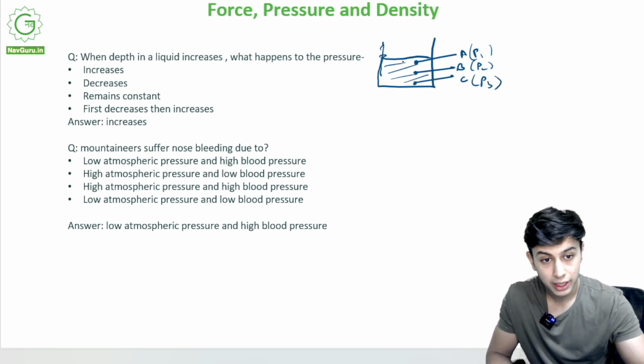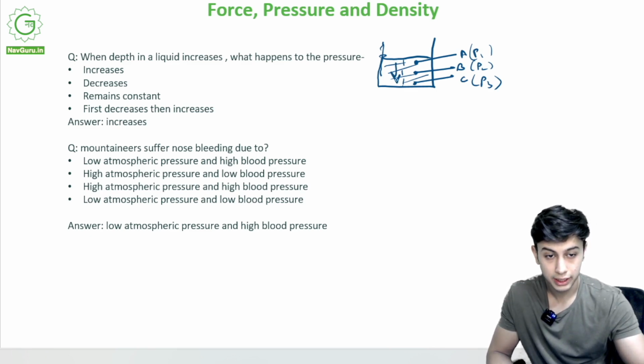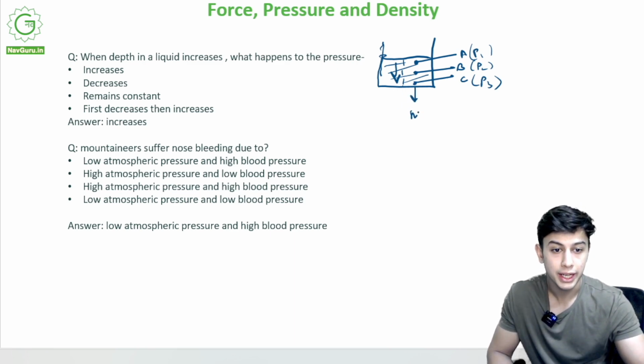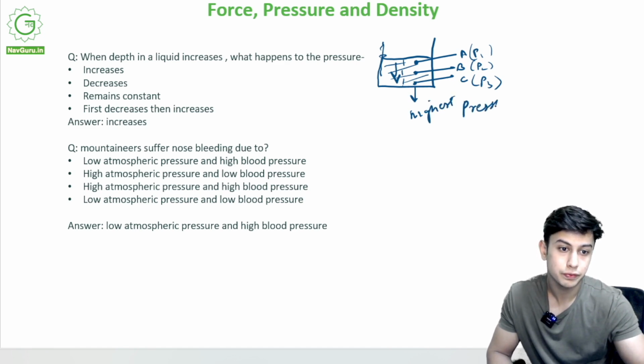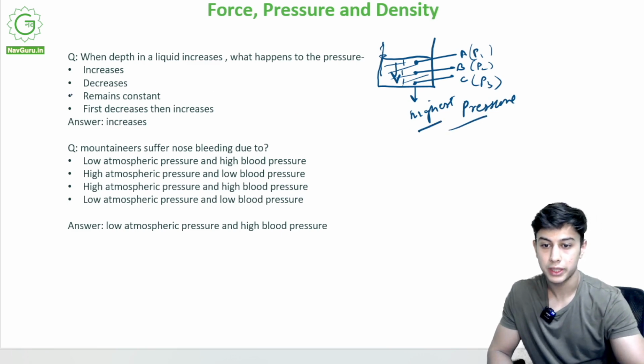Pressure will be different at different heights. As we go down, in the depth of the ocean, in the depth of any material, pressure will be highest. So pressure increases.